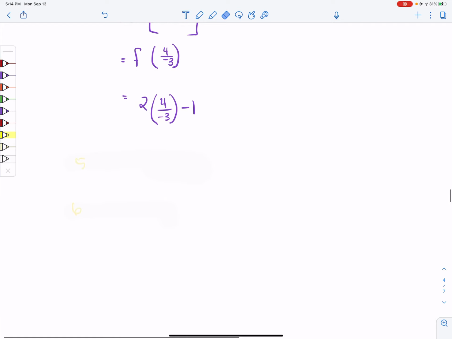We know how to multiply fractions. Remember, this is actually a 2 over 1. So that's going to give you an 8/3 with a negative. Notice that I'm working on getting a common denominator here. So instead of writing -1, I wrote -3/3 so that I could get the common denominator. -8/3 and -3/3 gives me -11/3.